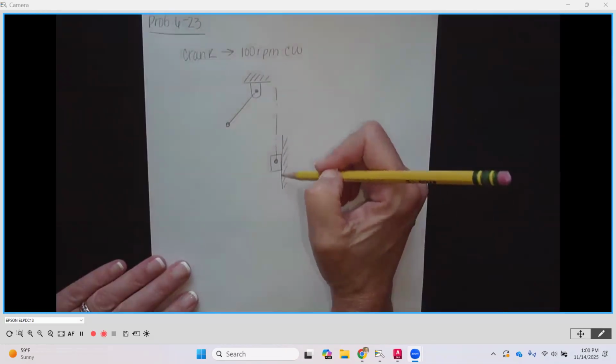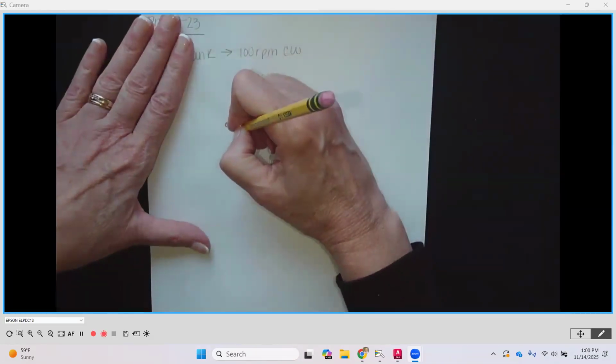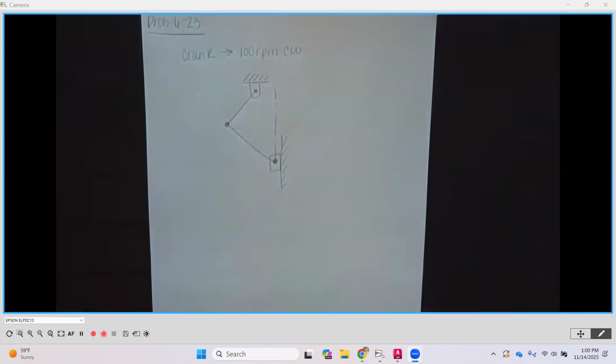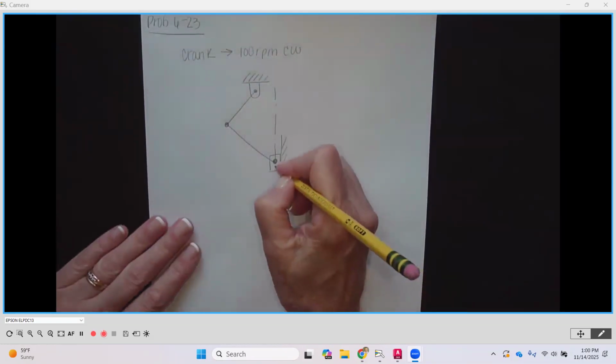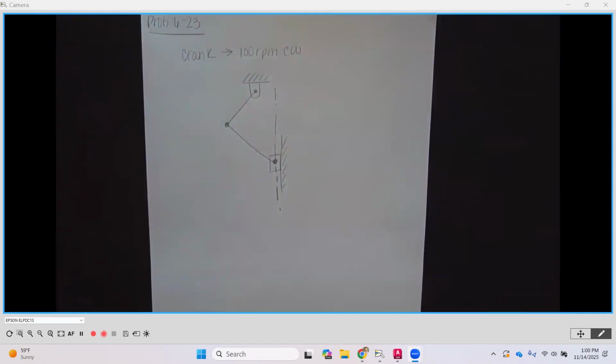So we're going to show the frame that it can only go up and down here. And then our link is going to connect these two. Now I know my scale isn't great, but this is just a sketch.